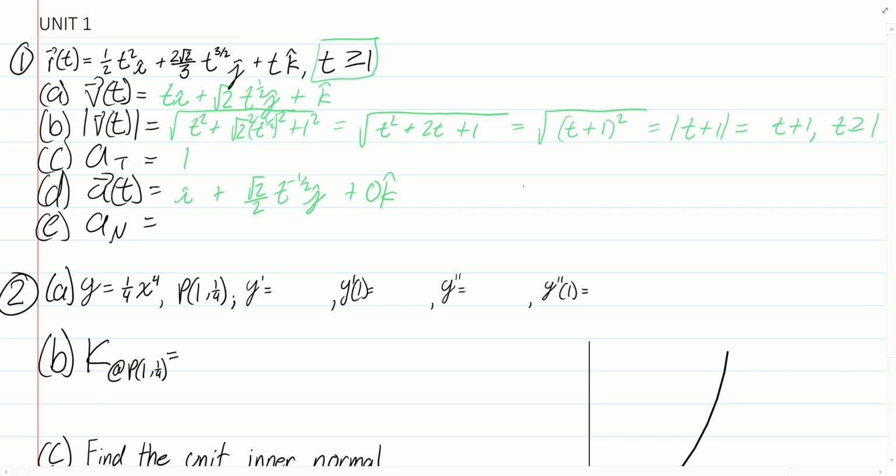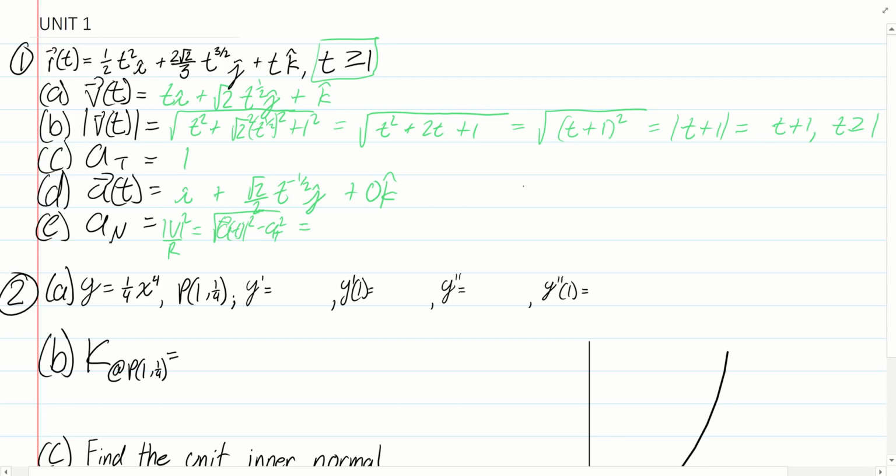Now, a sub n, there's two different ways to calculate a sub n. There's v squared over r, or square root of magnitude of a of t squared minus a sub t squared. Since we don't have r, we have to use that second equation. Oh, that's magnitude, by the way.